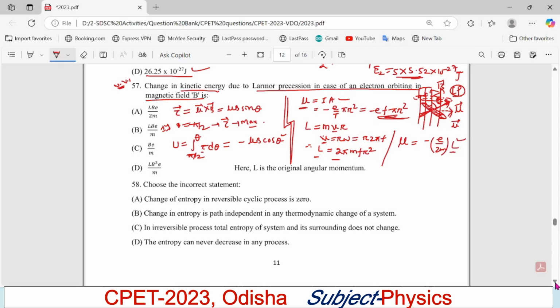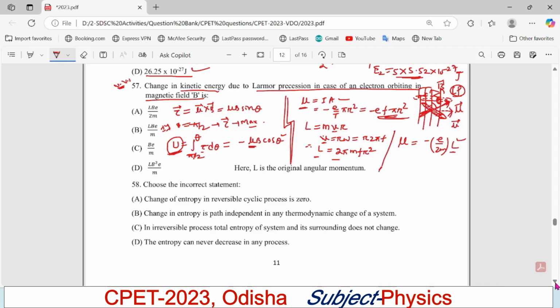So here it is asked about the change of kinetic energy. The change of energy, or energy stored, is the work done; if I do this much work, then that much energy will be stored by this dipole moment, or we can say that much kinetic energy will be changed. So how much will this value be? Mu into B. I'm talking about the magnitude, right?